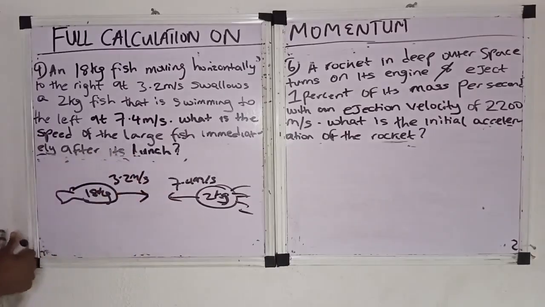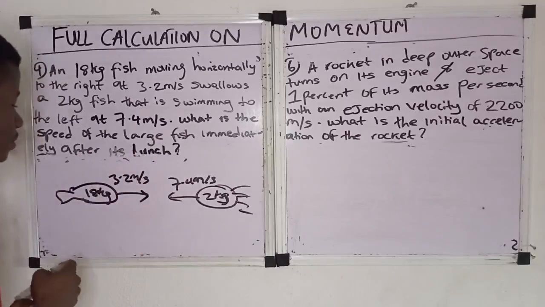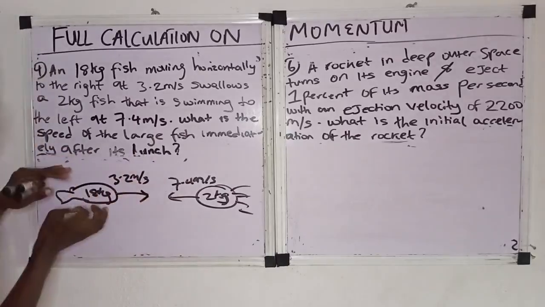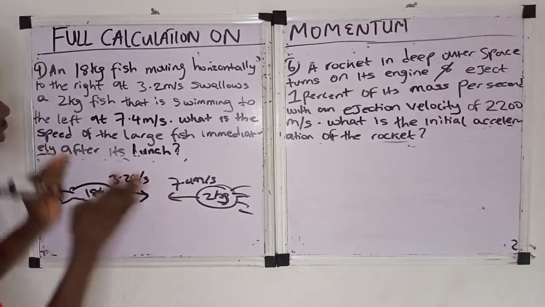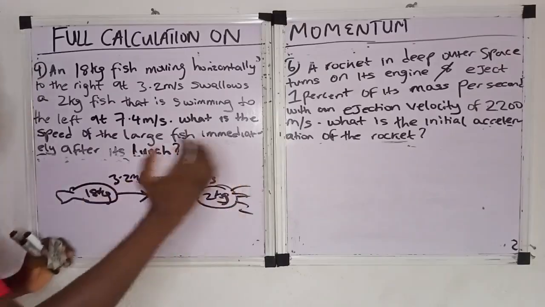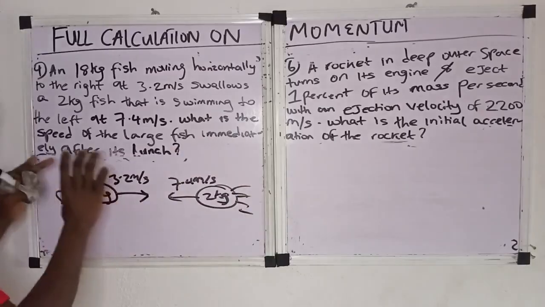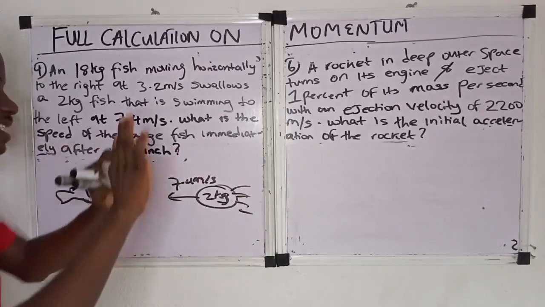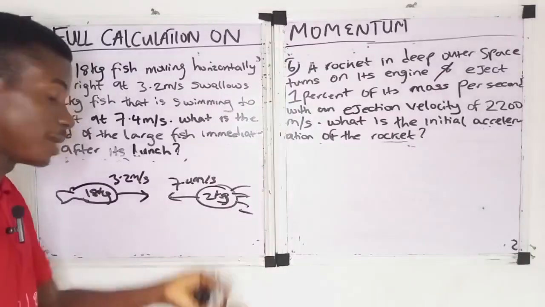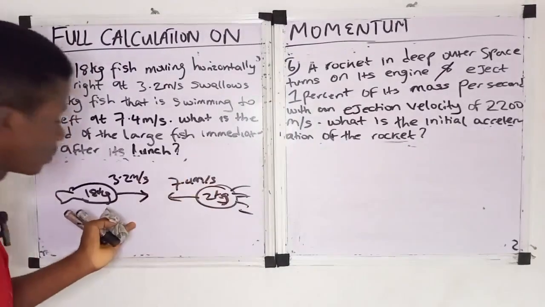Remember, initially this bigger fish is moving towards the right and the smaller fish is moving towards the left, and this is a collision.